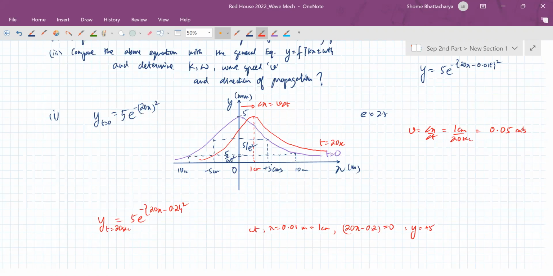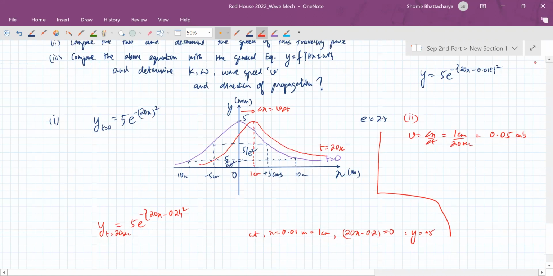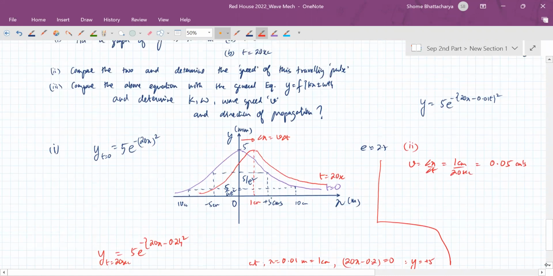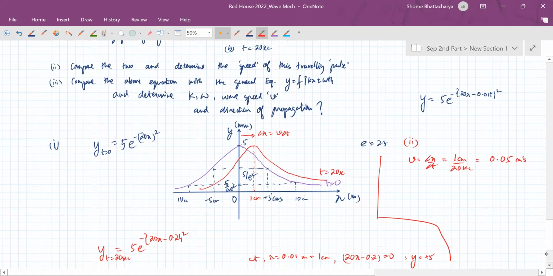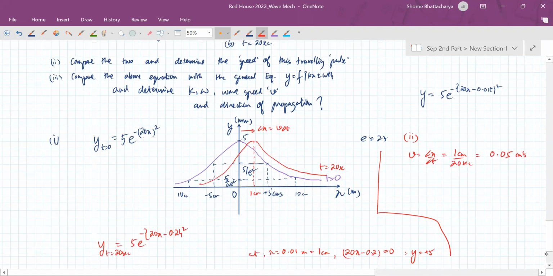That is the second thing you're understanding by comparing the shape at the two given times, t equal to 0 and t equal to 20 seconds. You can see how much it has shifted by. So from that, you are estimating that the velocity is so much.